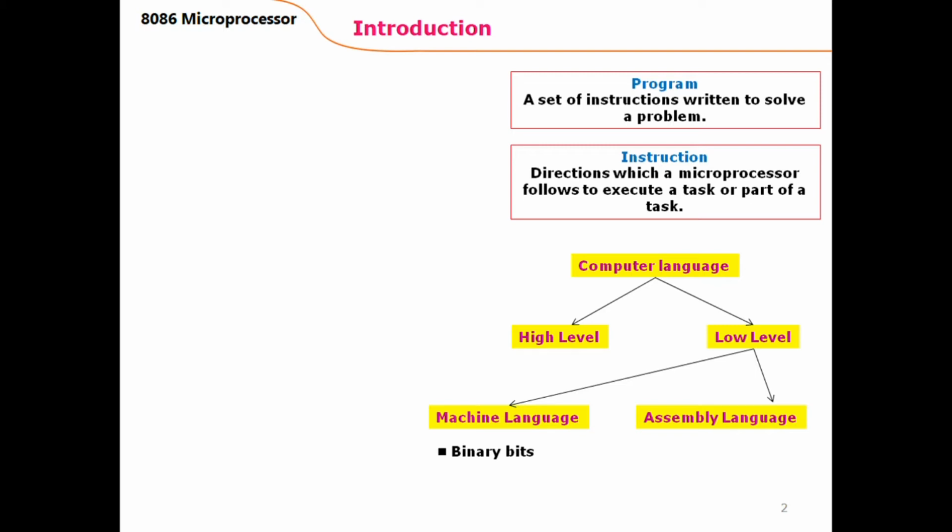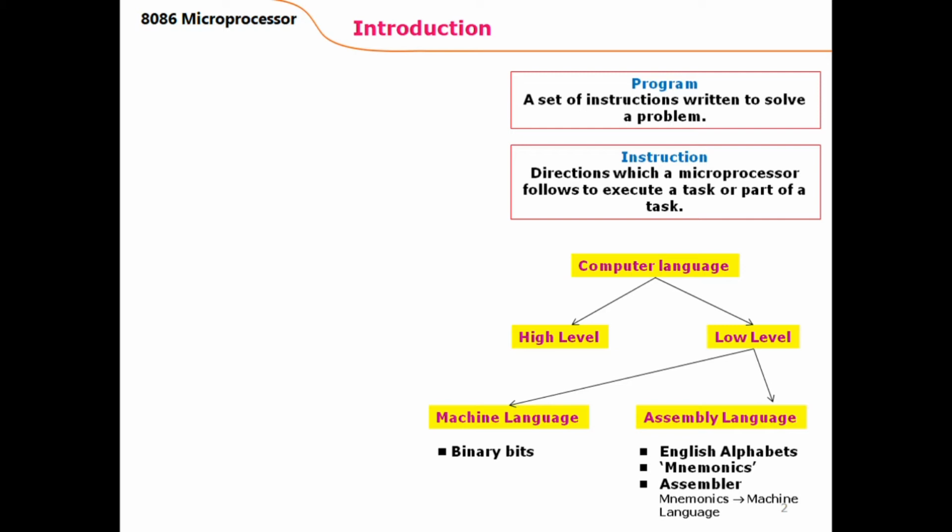So the other language that is easy for human beings to understand is assembly language. Assembly language uses English alphabets or mnemonics to represent instructions in machine language. It is easier for programmers, as compared to machine language, to understand and to remember.